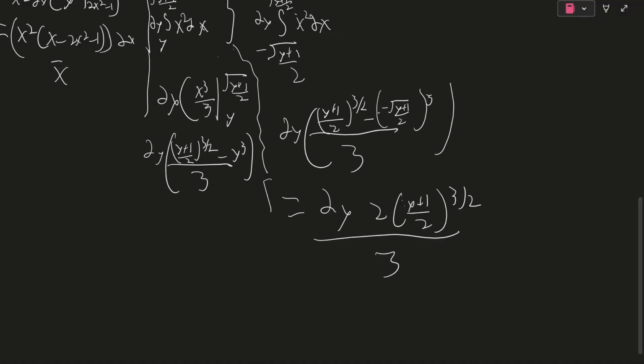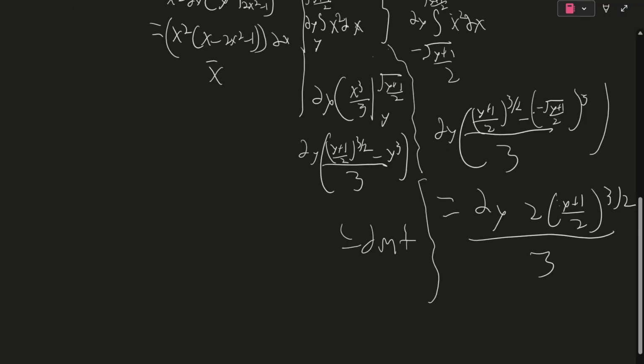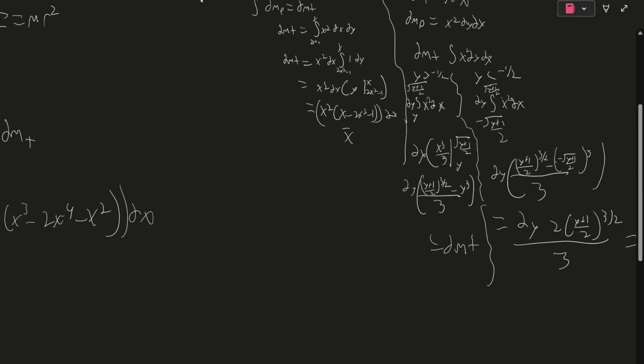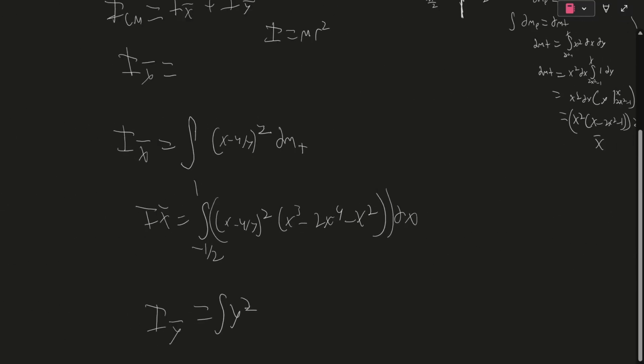Alrighty. So we have 2 dm strips. They're just based on different y values.